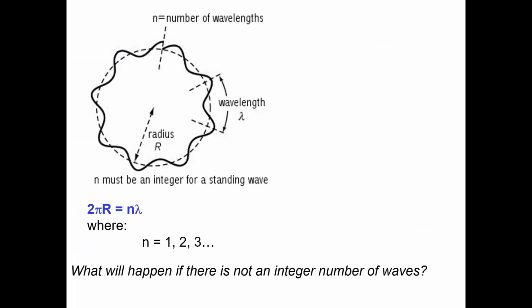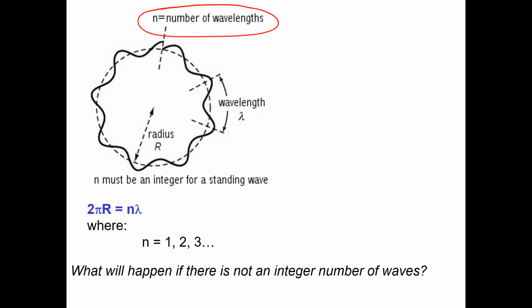So imagine a circle, but rather than thinking about a particle that is moving around that circle, think about that circle as being a wave. Now, in order to form a closed circle, that circle must be composed of a whole number of wavelengths.